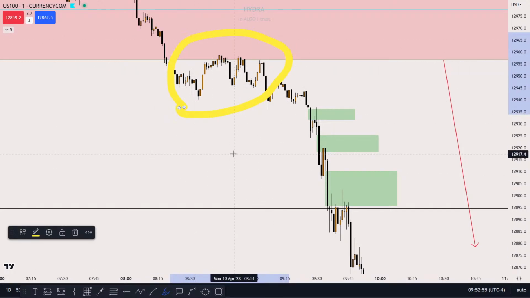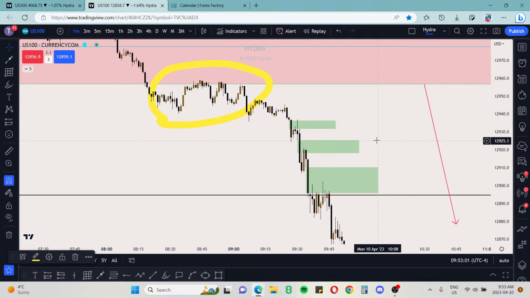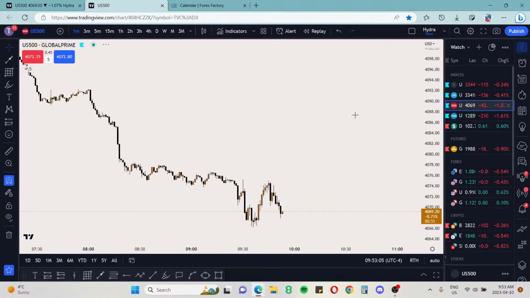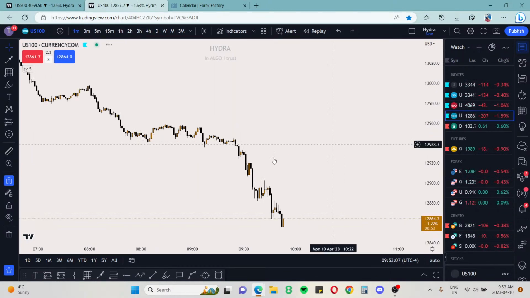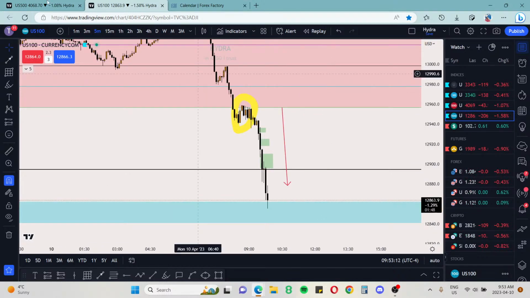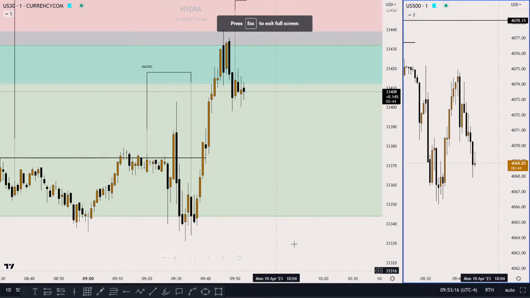A setup, that's what you want to look for. I only trade on US30, so I'm only going to look for setup on US30. But I know what US 500 and US 100 is going to do, and it did exactly the same thing. US 100, that was very clear. So on US30, I do not see a setup. Still, I do not see a setup.